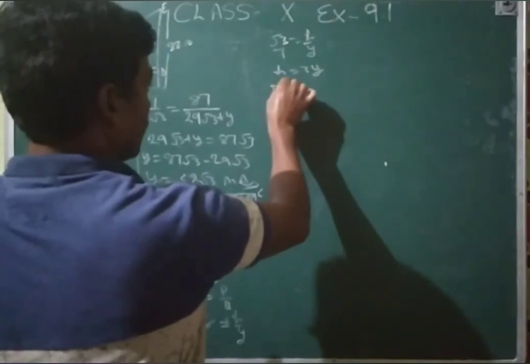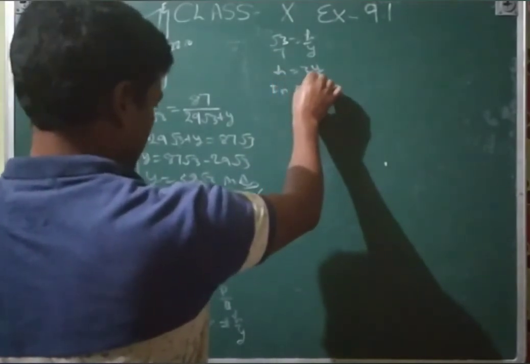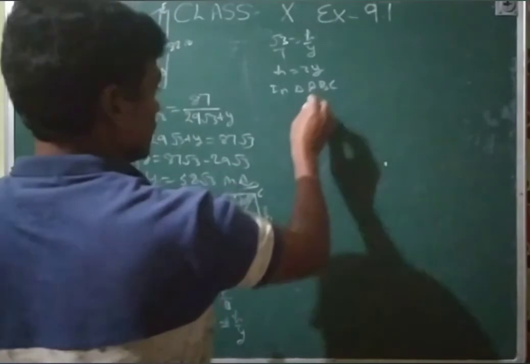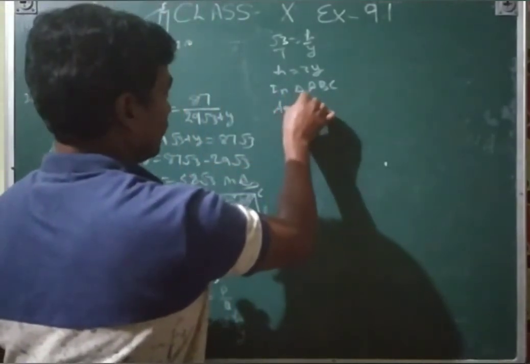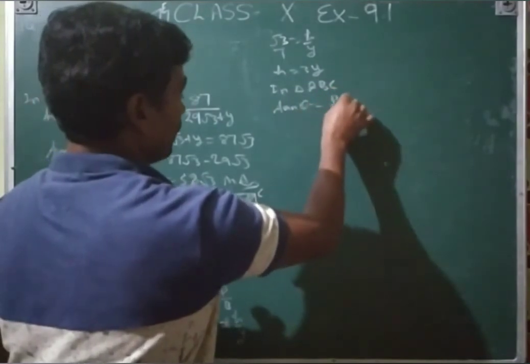Now in triangle ABC, tan theta is equal to perpendicular upon base.